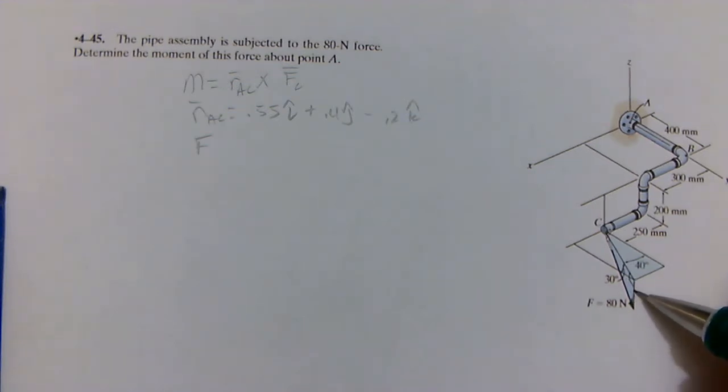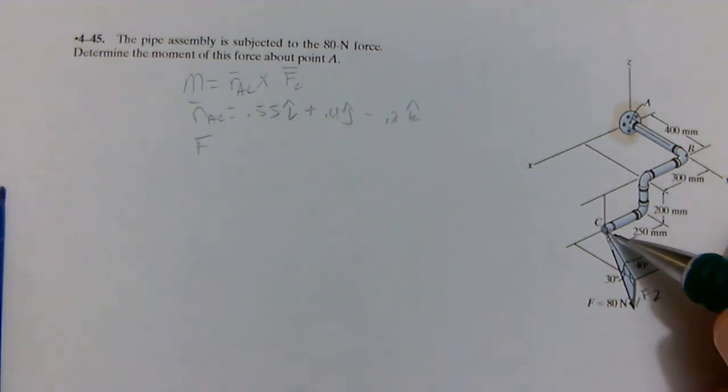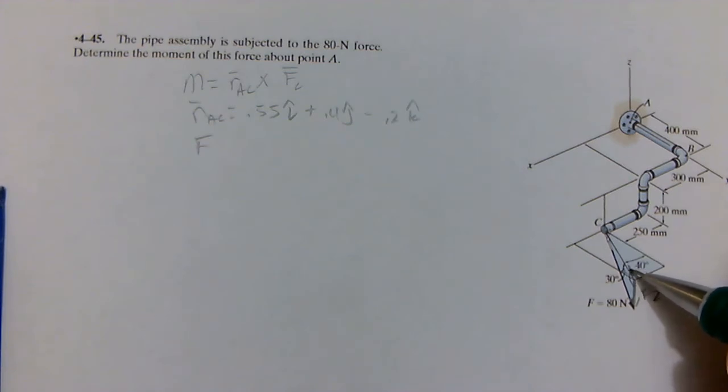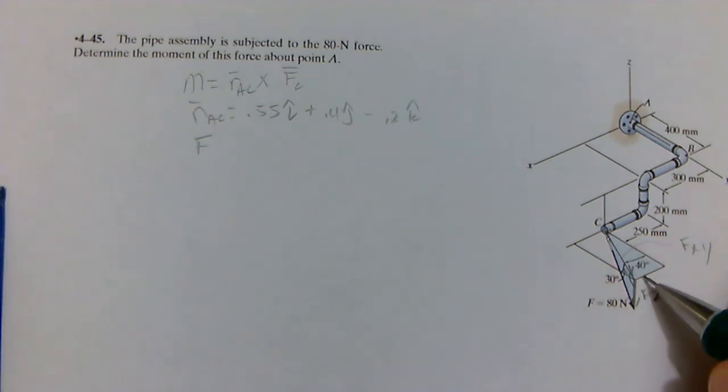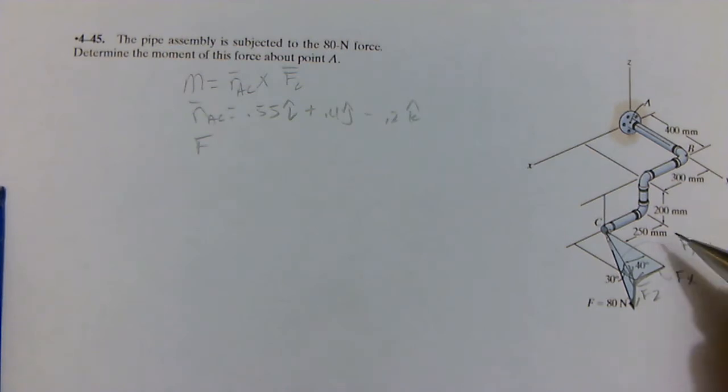So this length right here, that's going to be FZ. And this length here, that's going to be FXY. And then this here is Fx. And this here is Fy.